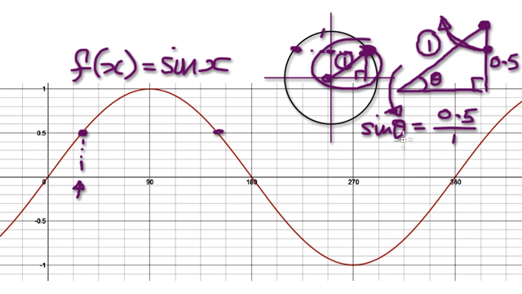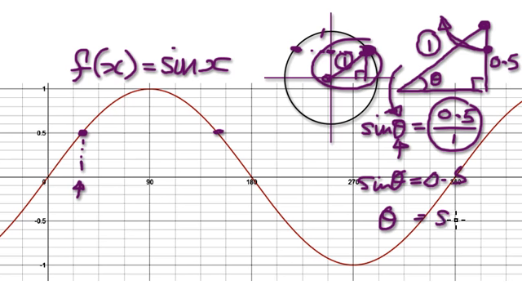Well, you would work backwards to find this angle. This thing here would just be 0.5. So now sine theta equals 0.5. To find out theta, you would inverse sine both sides. So theta equals inverse sine of 0.5.